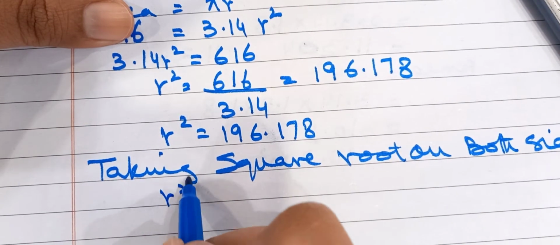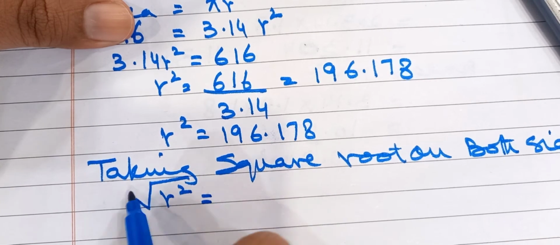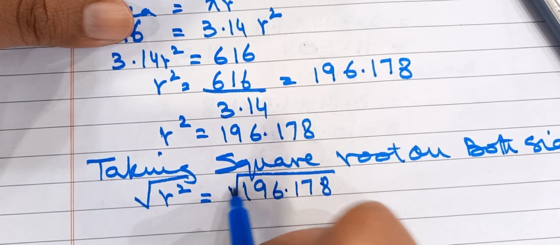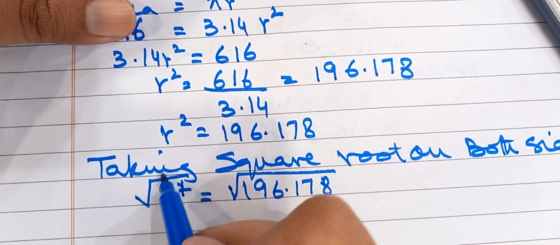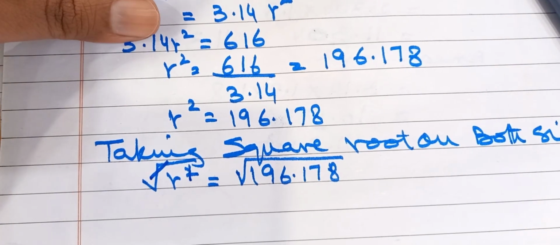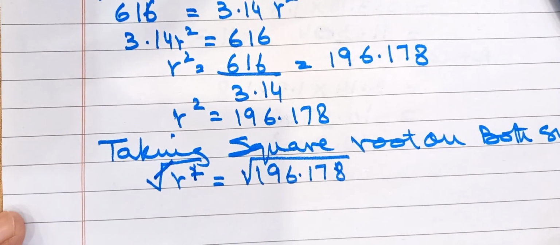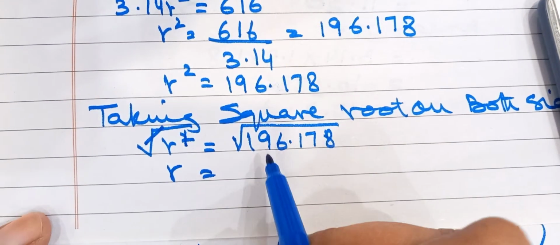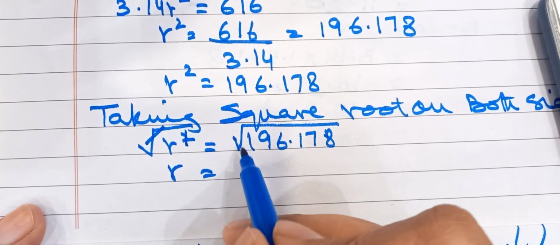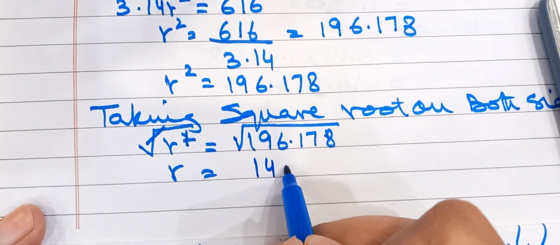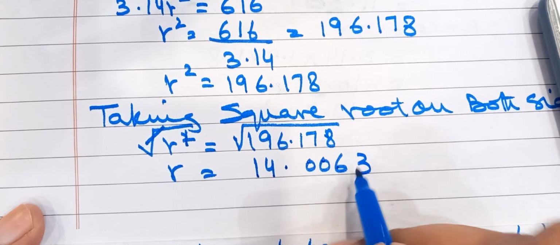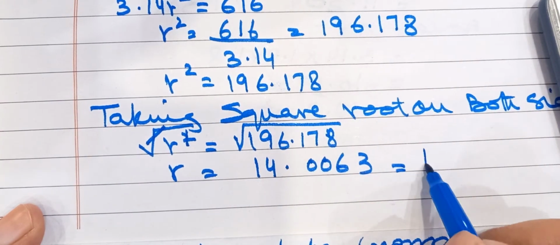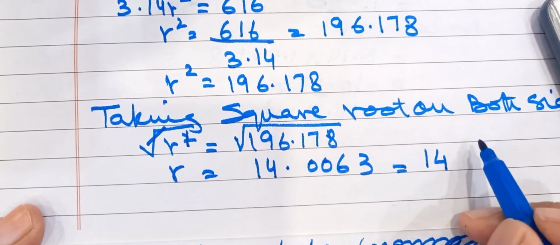So r square goes under a root, and 196.178 also under the root. The square will be cancelled by the root. On the calculator you can find the square root of 196.178, and you will get 14.0063. As the digits after are zeros, round it off and you get 14 as your radius.